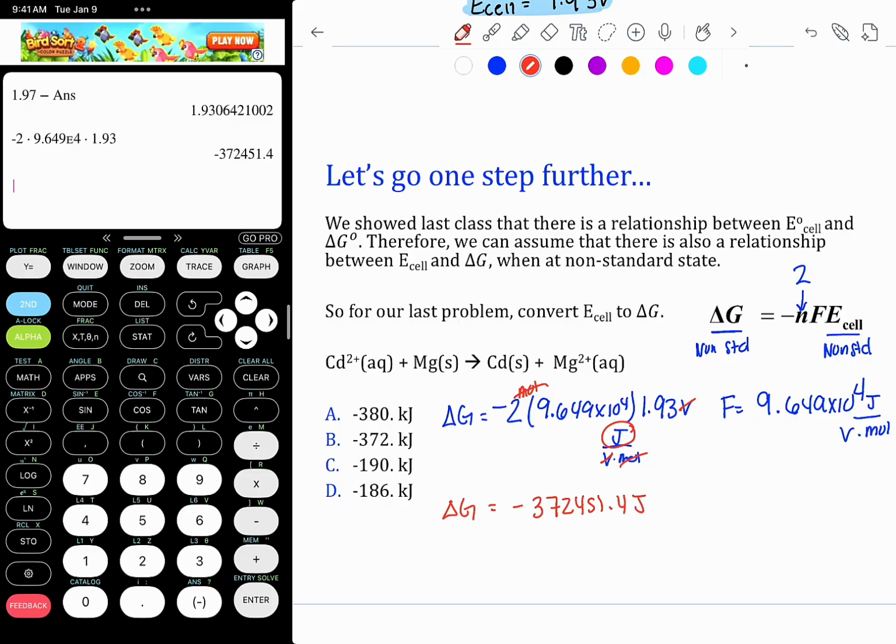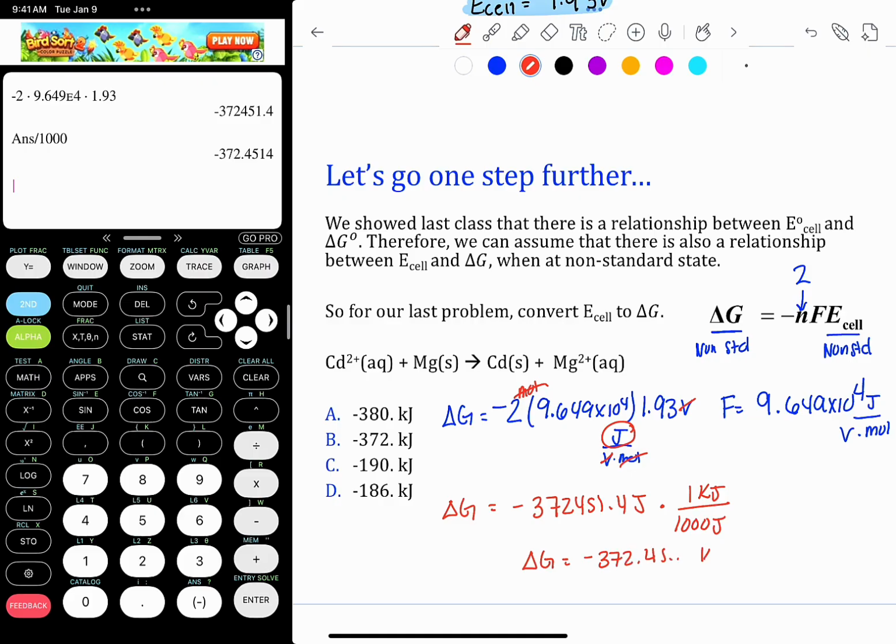We want our delta G's to be in kilojoules, so we have to divide by 1,000. There's 1,000 joules in a kilojoule. So if I divide this by 1,000, I get that delta G is -372.45 kilojoules. So that would lead us to answer B.